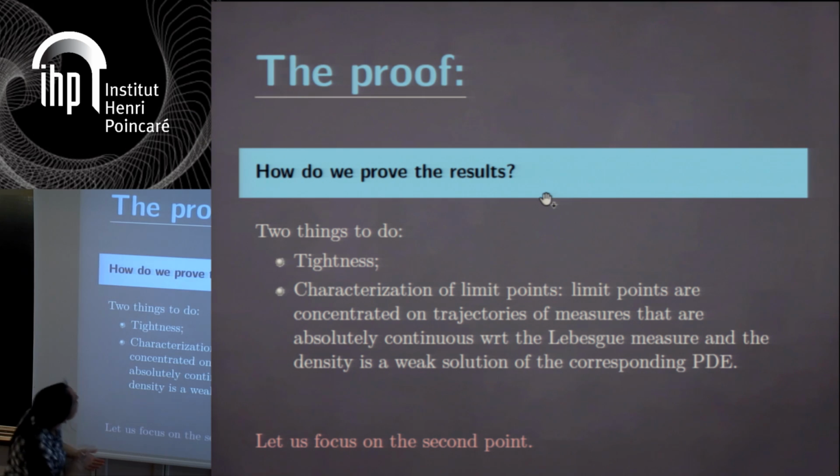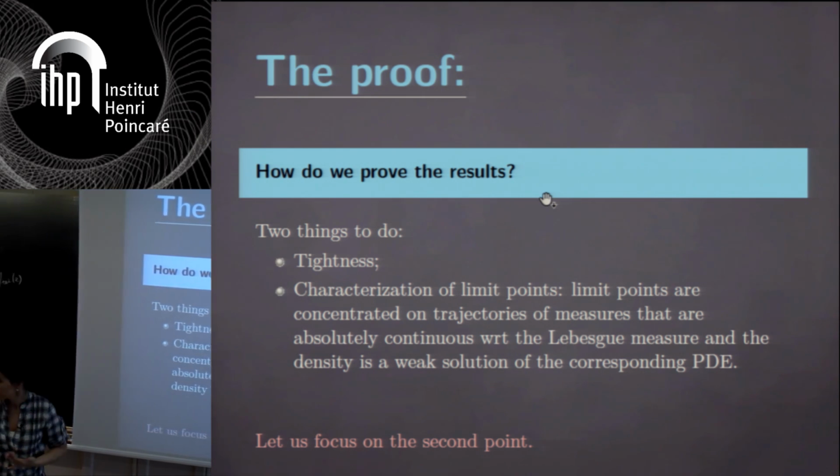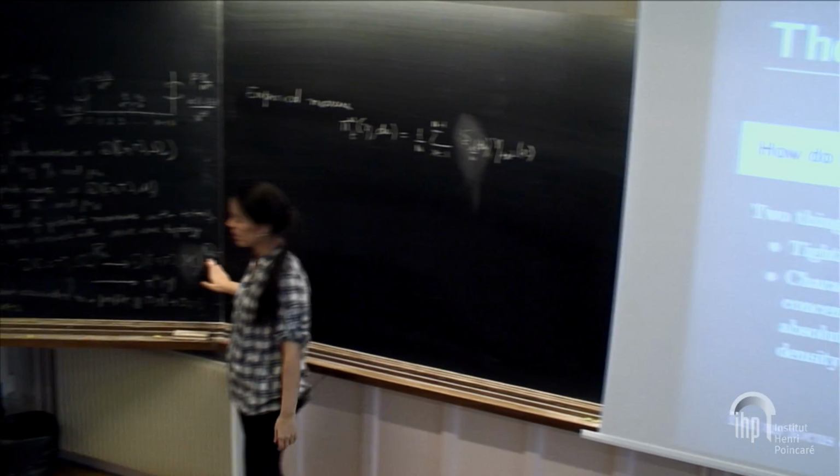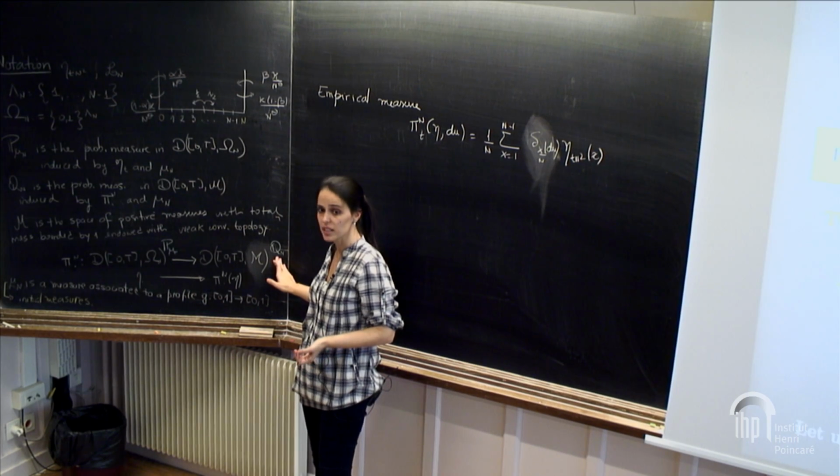So my goal was just to prove this. How do we prove the results? There are 2 things to do. One has to show tightness, so one has to show that these measures Qn are tight, and then we have to characterize the limiting process.